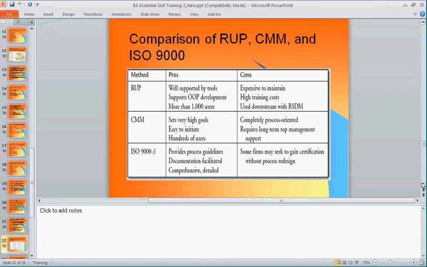They don't change at all. ISO, is there anything to validate after you have been certified that you are actually following the processes that you listed? No. In CMM, they are validating every 3 years, aren't they?